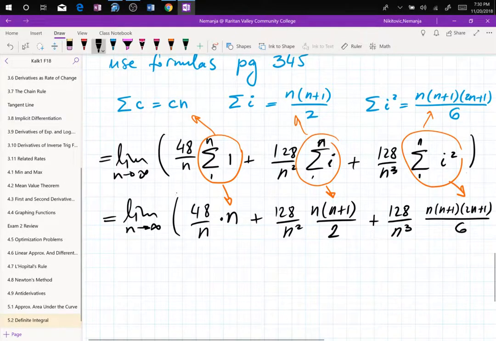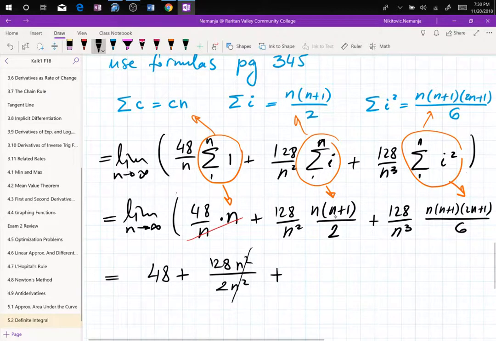I hope you see that we are done, because I don't even need to write limit anymore. The n and n cancel, and you have your 48. Plus, we only look at the front coefficients over here, because everything else goes to 0, right? Our n goes to infinity. So I have 128 n squared over 2n squared.